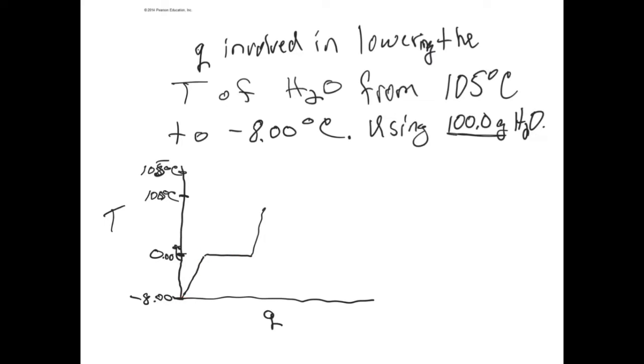I'm either going to warm up or cool the ice, warm up or cool the water. I'm either going to boil it or condense the water, and I'm either going to heat or cool the steam. So in this case, since I'm dealing with 2 phase changes, I'm going to have 5 sections, and I'll just name them like this.